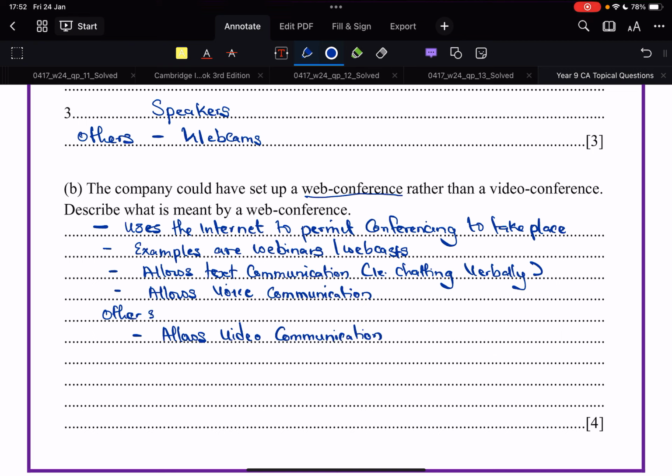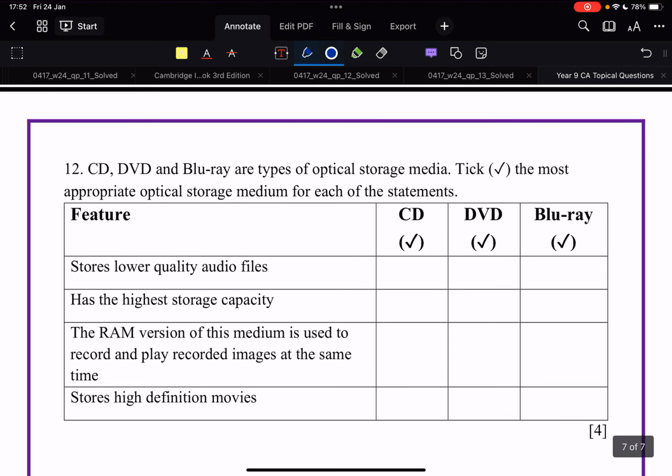It uses a web browser. Okay, so this is essentially what it does. You can also use the whiteboard to write, using your own keyboard or mouse.